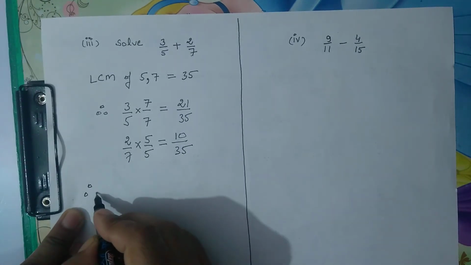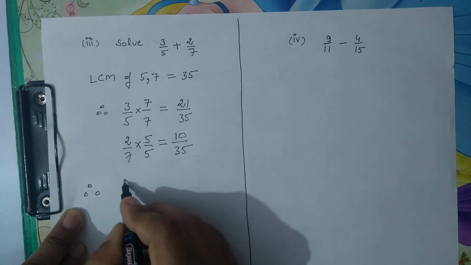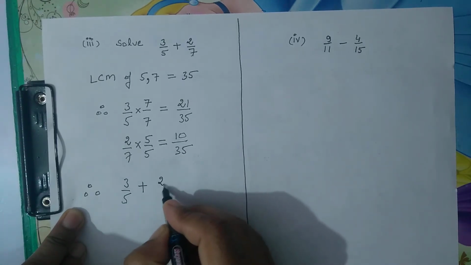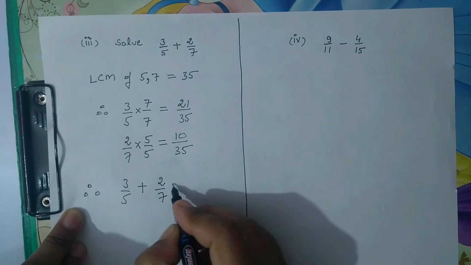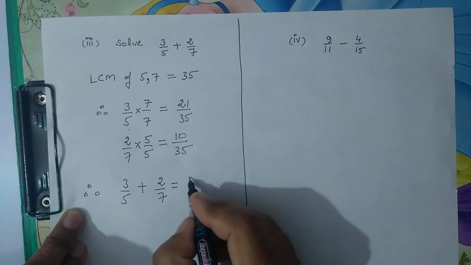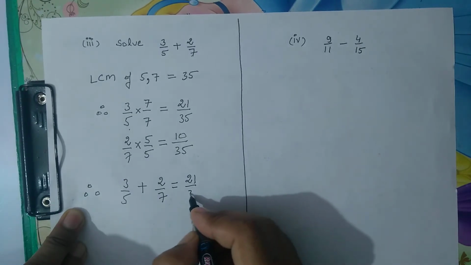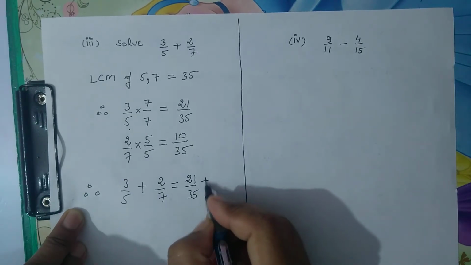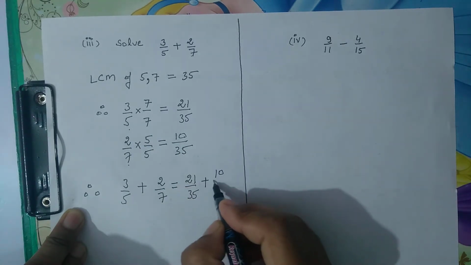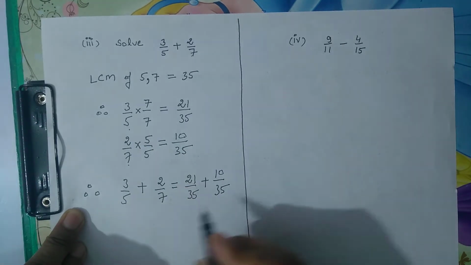So what can we do now? We can write 3 upon 5 plus 2 upon 7 equal to 21 upon 35 plus 10 upon 35.